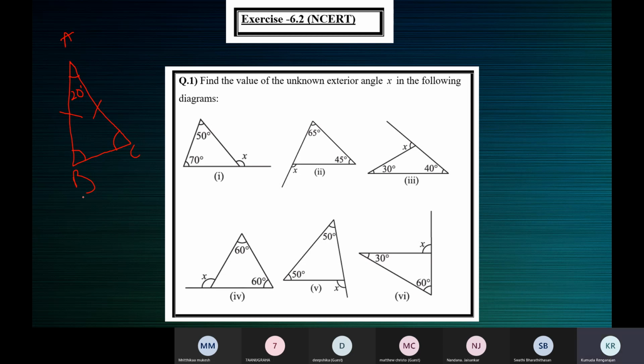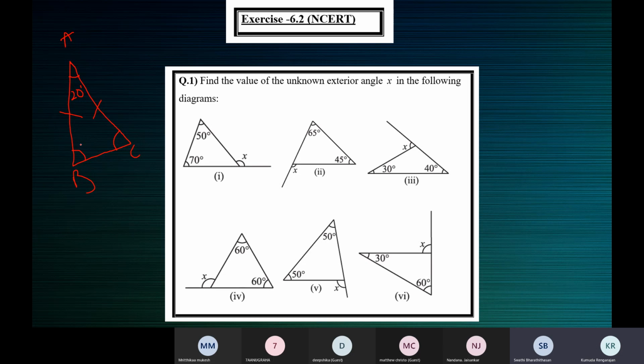Who can find angle B and angle C? Swati, shall I say? Let me check with the others also. Anybody else? Okay. Swati, I'll just explain this one and the next one you will be able to tell us.